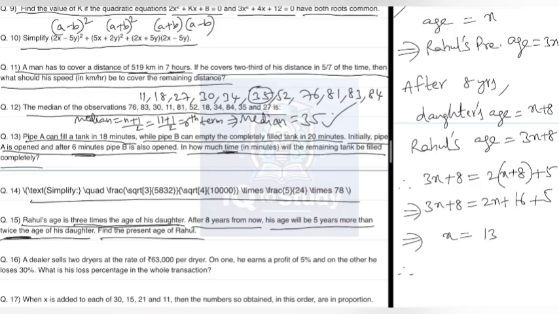So, present age of Rahul is 3x, which is 3 into 13, that is equal to 39 years.